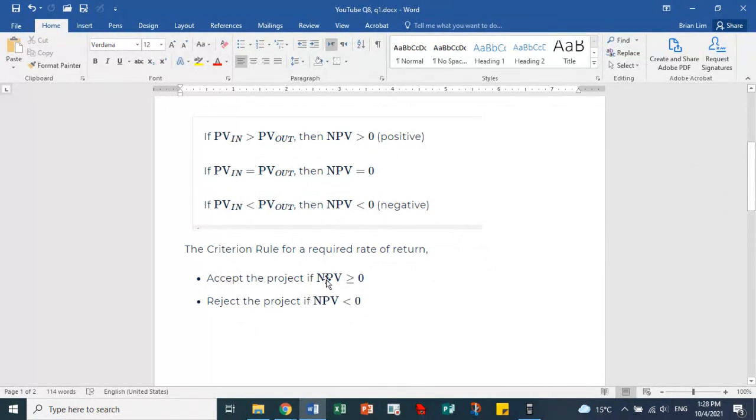So if the net present value is greater than or equal to 0, then the project might be accepted. Okay, if the net present value is less than 0, meaning it's negative, meaning that the present value in is less than the present value out, the project will be rejected.